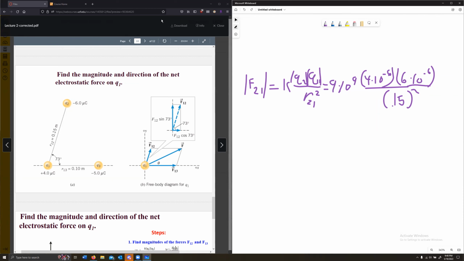Let me see, X direction. 2-to-1, 9.6. Let me try something. So if we're talking about the X direction here, it's going to be 9.6 times cosine 73.